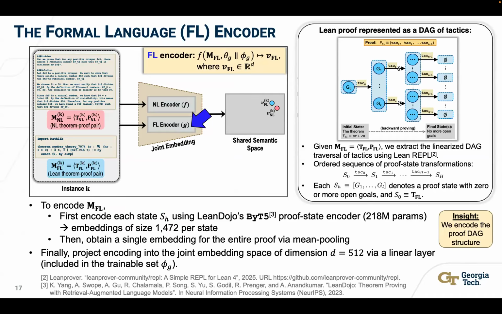LeanDojo is this famous tool used for many things, but auto-completion is one of them. And so it has this encoder. We just use that encoder. And it's only 218 million parameters, so it's very, very small. And then we obtain a single embedding for the entire proof, and finally project the encoding into the joint embedding space. Okay. And the key insight here is that we are relying on the proof DAG structure to perform this encoding.